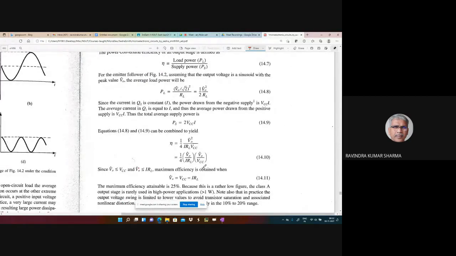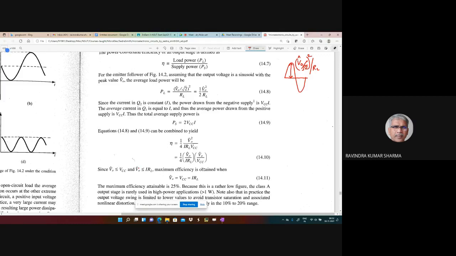Load power is जो साइन वेव आउटपुट पे बन रही है, उस साइन वेव का ये पीक वोल्टेज है जो लिखा है यहाँ पर VO कैप. ठीक है, VO कैप को अगर हम √2 से डिवाइड कर दें तो RMS मिल गई वोल्टेज की. ठीक है, इस RMS वोल्टेज को अगर हम लोड से डिवाइड कर दें स्क्वायर करके, तो ये पावर हो गया.